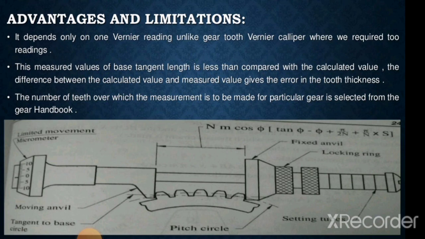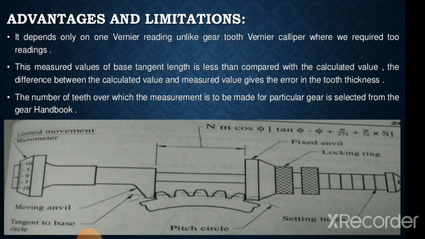The distance is adjusted by setting the fixed anvil at the desired position, and this adjustment is made with the help of locking rings and setting tubes.